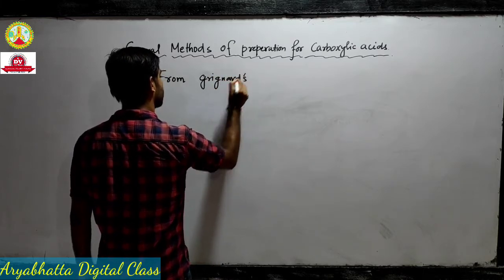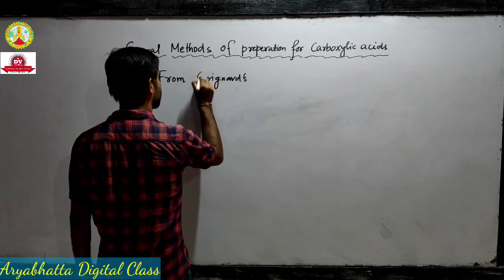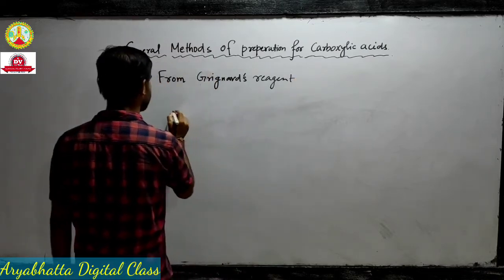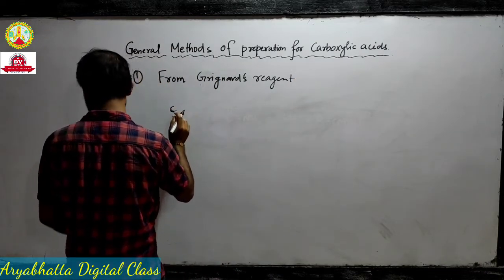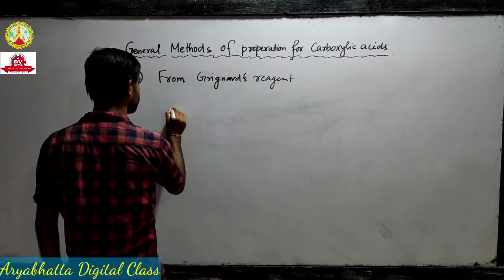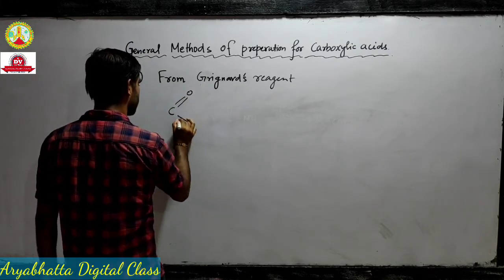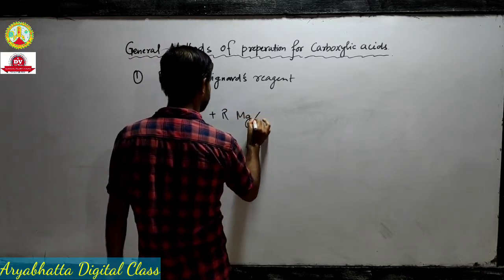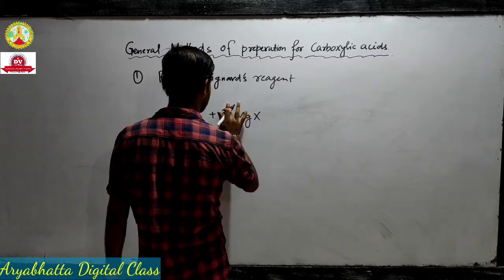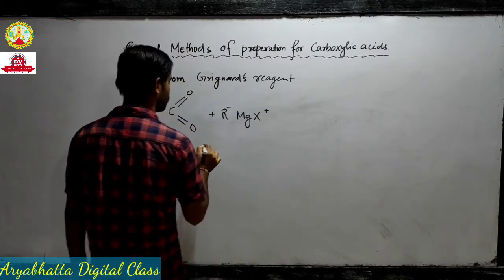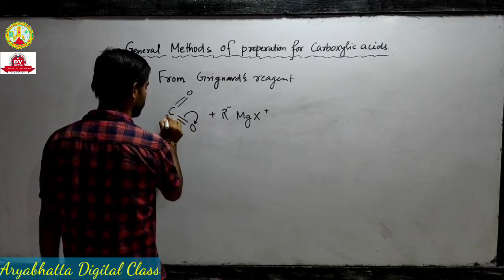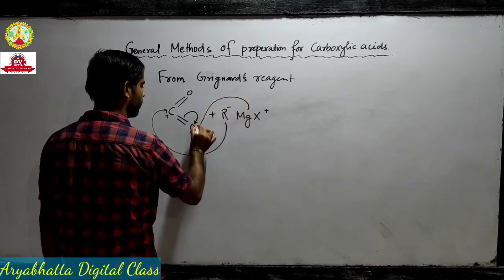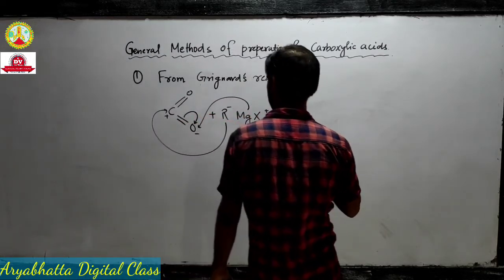Grignard's reagent. To use Grignard's reagent, we will use carbon dioxide. RMgX has a negative part and a positive part, so the minus will go to the plus and the plus will go to the minus. So what we will get?